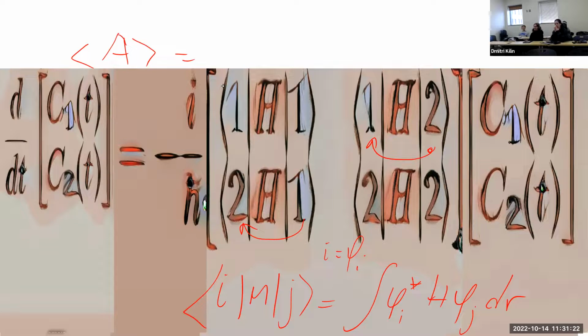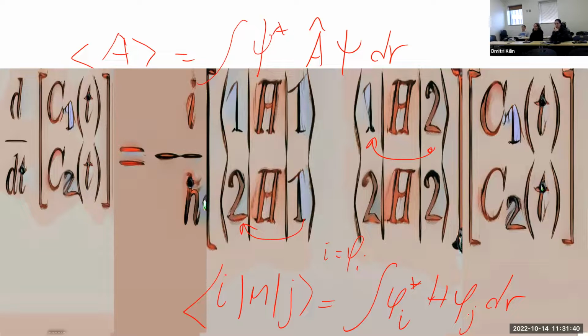You integrate your wave function with the quantum operator of your observable. Same idea, just here we added indices.